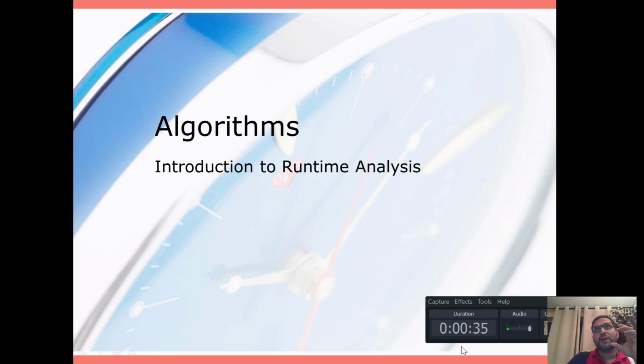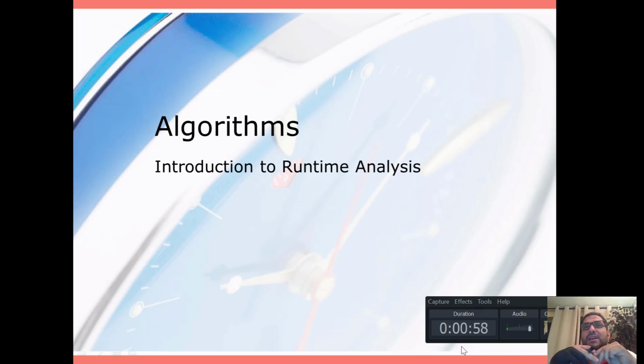For that we need to understand a little bit about something called primitive operations, how much time they take, and how many primitive operations this algorithm takes. We sum up all of these primitive calculations, so we will be able to assess how much time this algorithm will take.